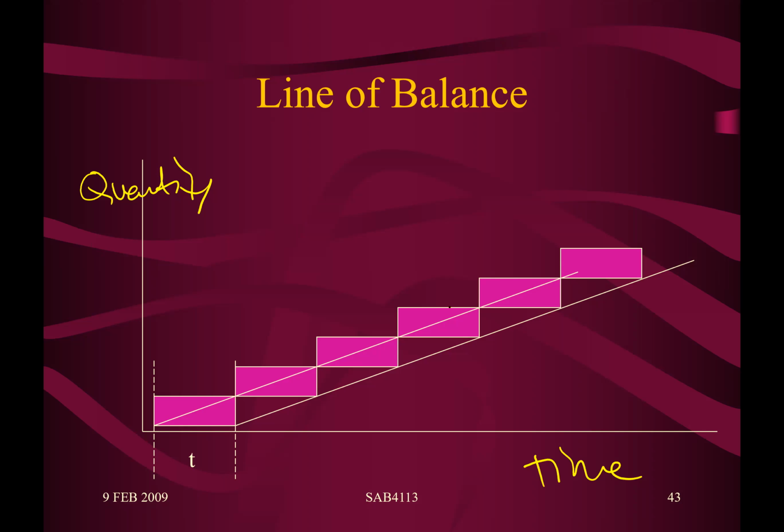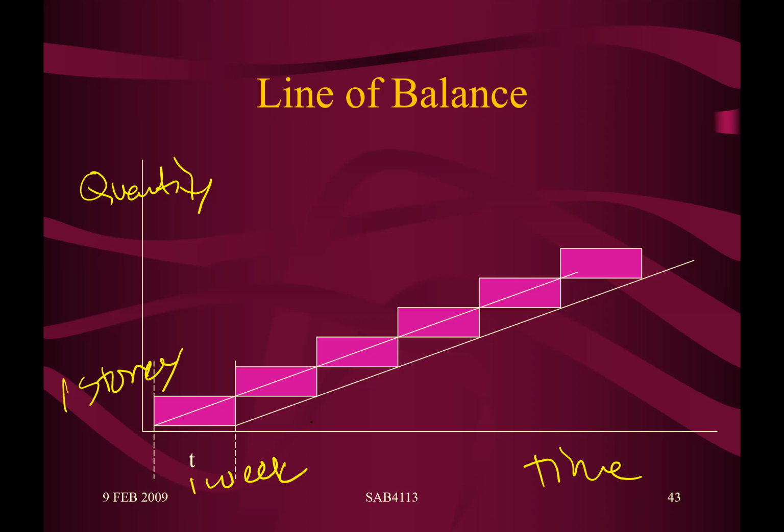So for each activity, you can relate it in terms of the quantity of the floor to be constructed. Let's say one level of floor in a high-rise building will take 1 week to complete. Okay, one story in 1 week.